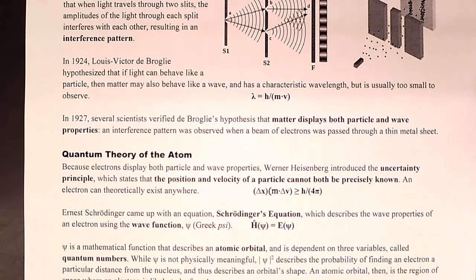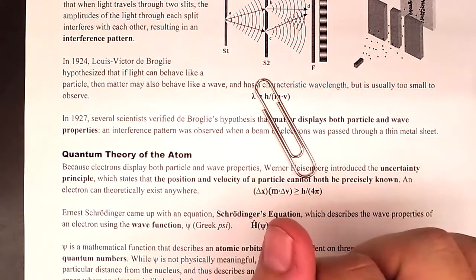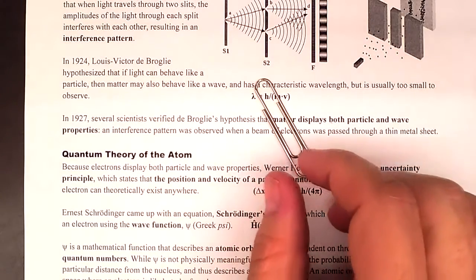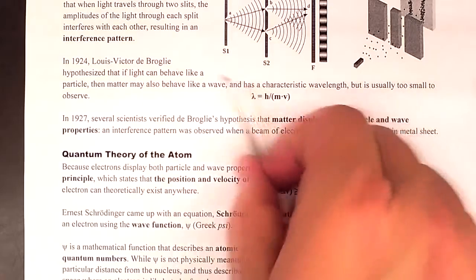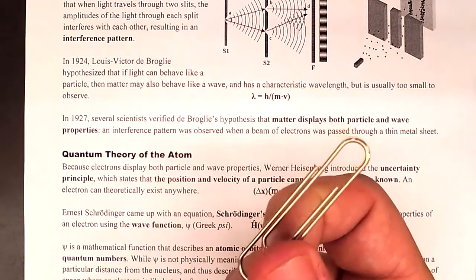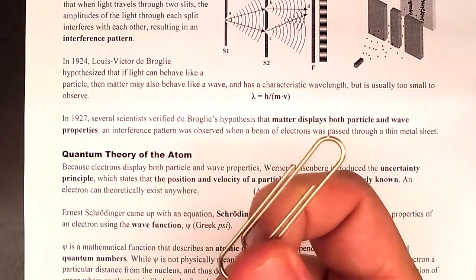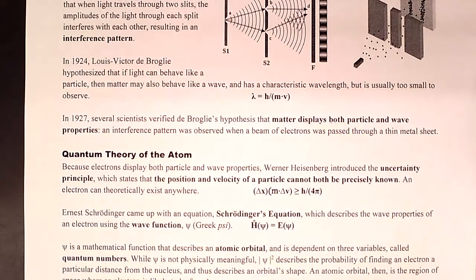And the reason you can't tell is because as soon as you get any kind of decent mass, the wave characteristic starts to get swamped to where you can't tell anymore. You've never observed a paperclip dancing around and acting like a wave. It's because if you find the wavelength of something this massive, it's incredibly small. You have to go down basically to the idea of an electron before the wave starts to matter.